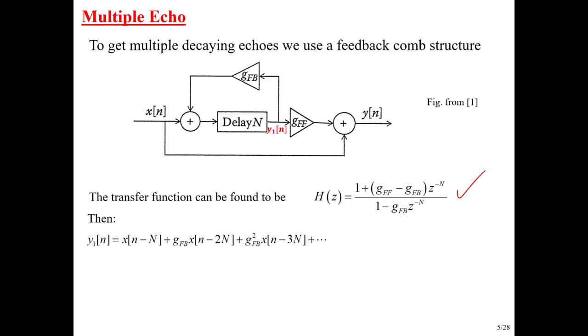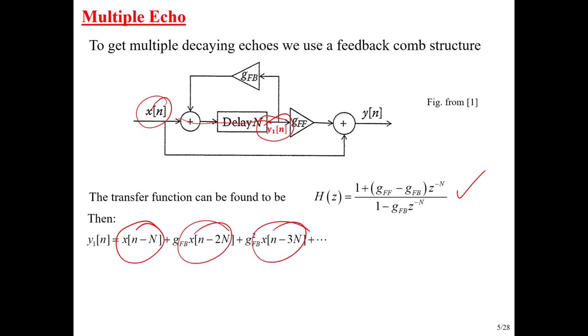But we can also get there by just thinking about this intermediate result I've drawn in, y1 of n, and that's easy to figure out. It's x of n minus 1, and so that's this thing coming through, and then we get this fed back many, many times.